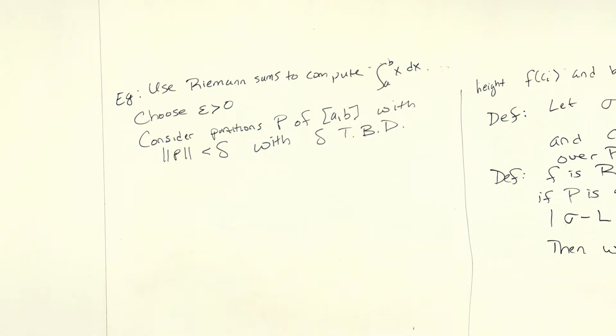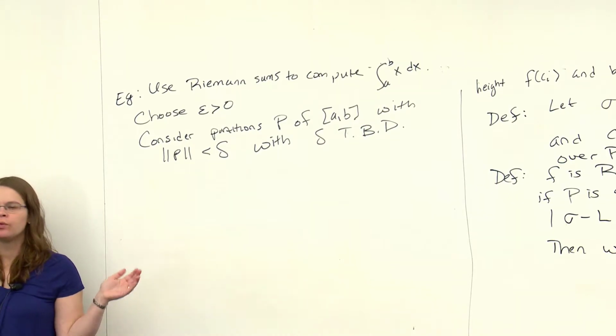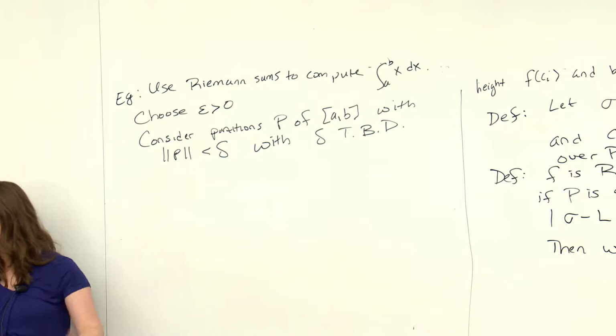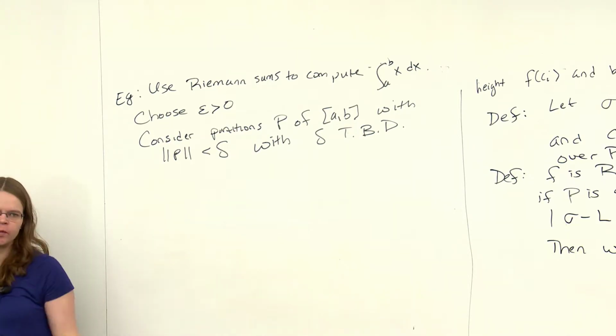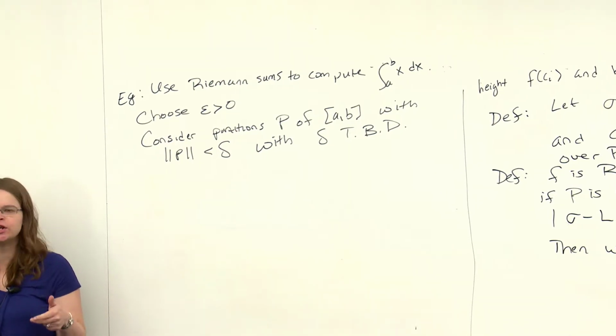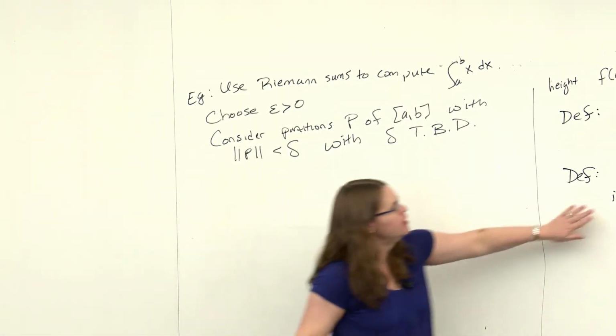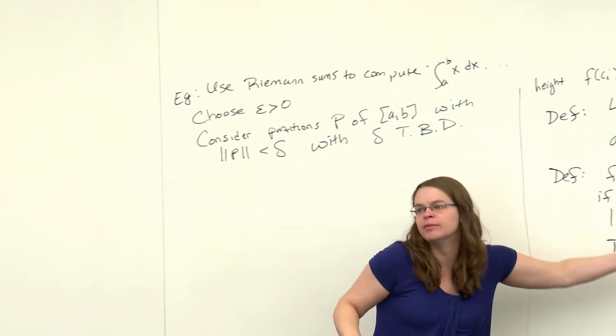We've picked our epsilon, our tolerance. We're going to construct a very general Riemann sum, where at this point we haven't put any constraints on the partition, or on where we pick c. We're just going to build a very general Riemann sum and then see what conditions we need to put on it in order to pull this off for some number L.